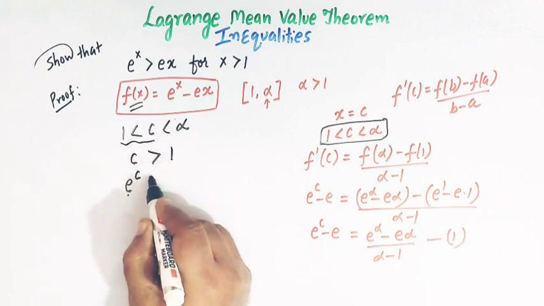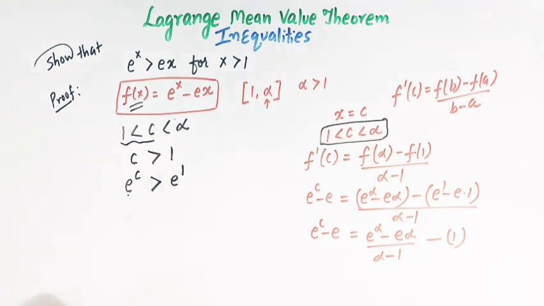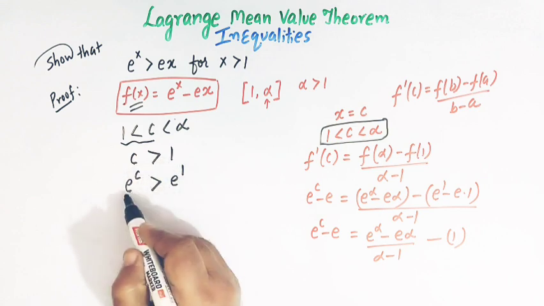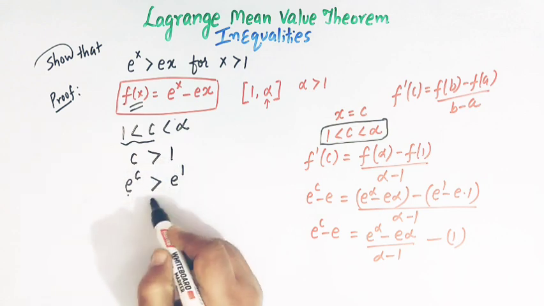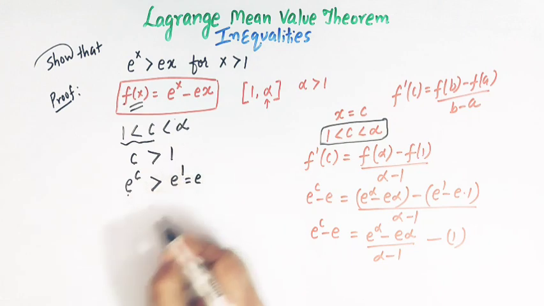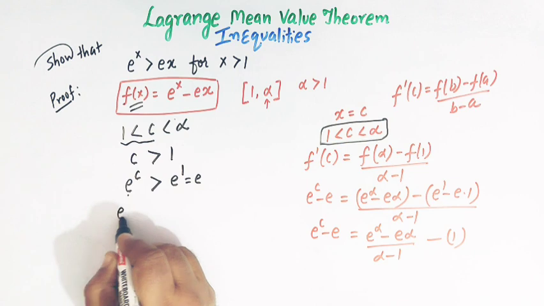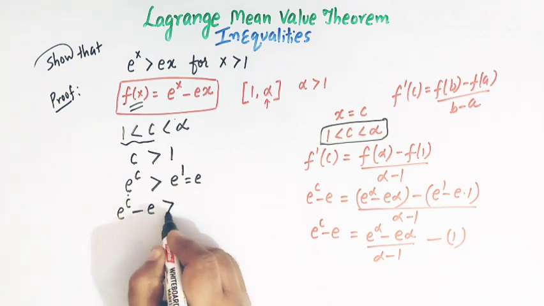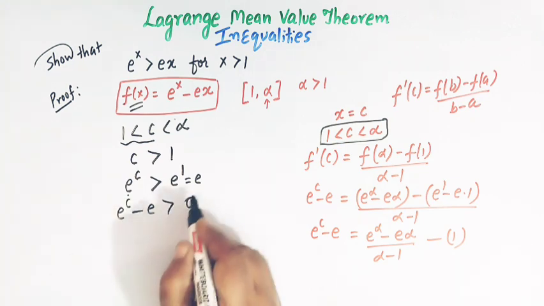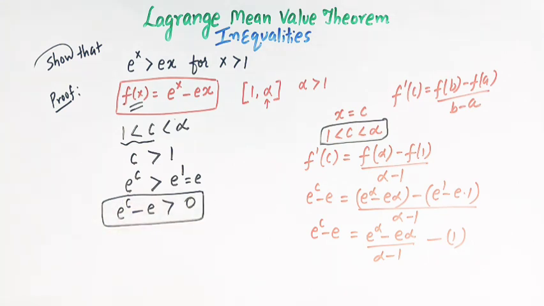So e raised to c is also greater than e raised to 1, right? And e raised to 1 is equal to e. Taking this e to the left hand side, we have e raised to c minus e is greater than 0, right? So this is an important inequality, right?